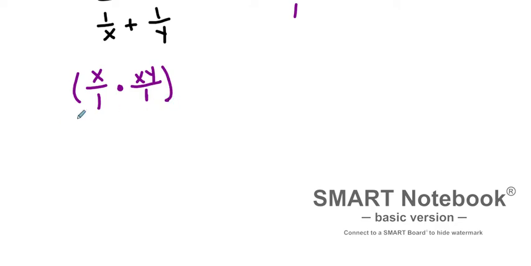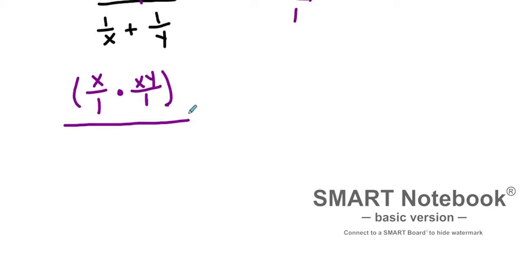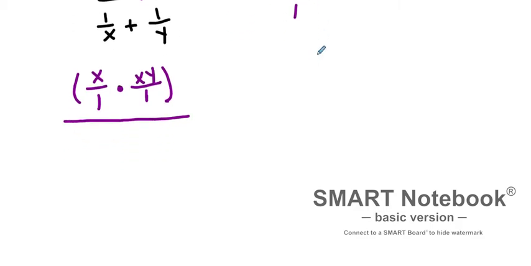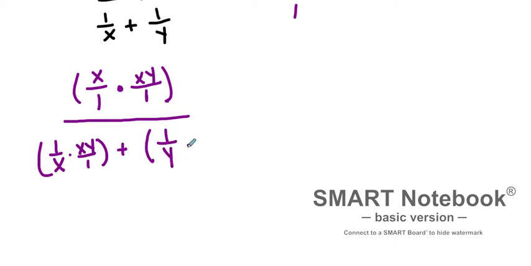That's for the top. The bottom, so 1 over x, I got to multiply that by xy over 1. So 1 over x times xy over 1 plus 1 over y, I have to multiply that by xy over 1.